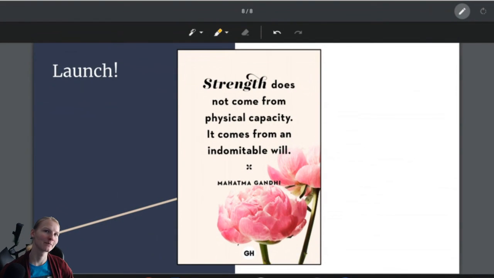Your launch for today: strength does not come from physical capacity. It comes from an indomitable will. So when we talk about physical strength, how much weight you can lift, that's one thing. But the strength of a person doesn't solely lie in your muscle.